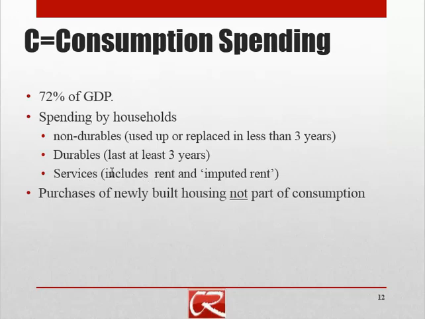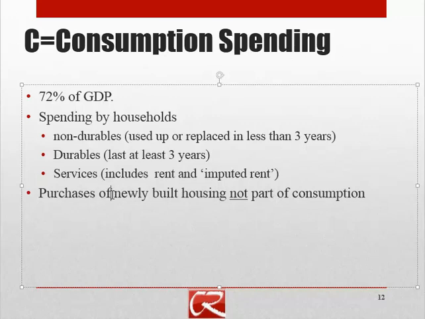Included in the category of services is the rent that you pay, because you're paying for what we call housing services, and also the idea of what we call imputed rent. So if you're living in a rental house, of course, you're being supplied with services by the owner of the house. Then if you bought that rental house from the owner, if we just counted rent, then GDP would fall.